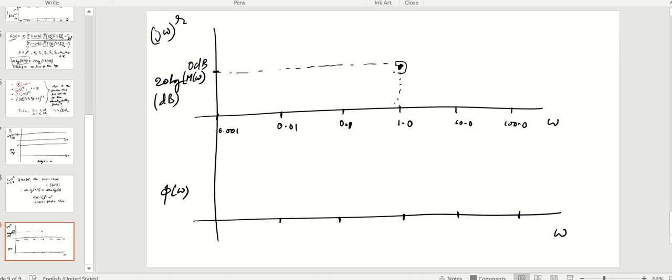You see what I just did there? When you choose omega to be equal to 1 and pass on the argument 1 inside a logarithm, it always leads to 0. So it will always pass through the 0 dB line at omega is equal to 1. What happens at omega is equal to 10? That is a curious bit, and that is exactly what's going to lead us to our answer. And this is a very simple, straightforward answer.